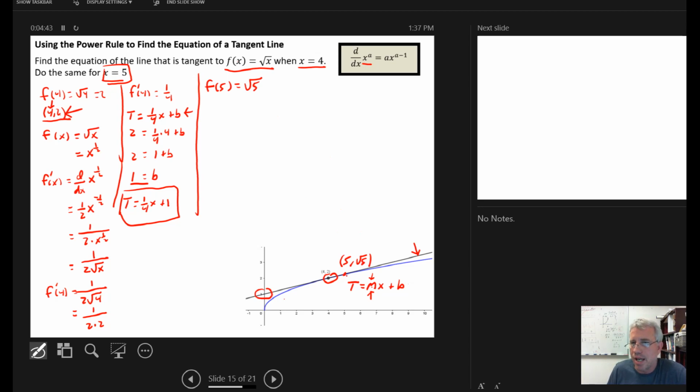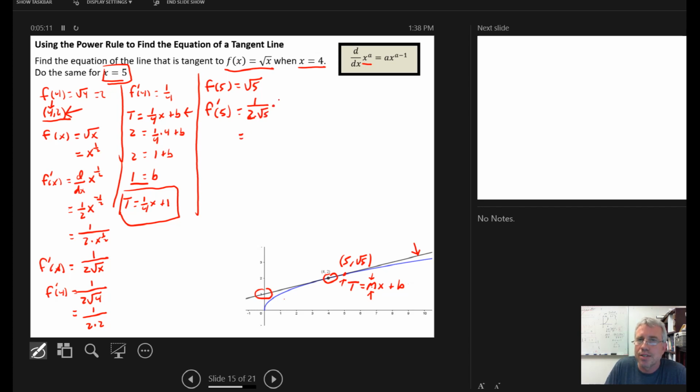The line that's tangent to the graph at this point will have a slope given by the derivative evaluated at 5. So f prime of 5 is equal to, the derivative right here was 1 over 2 times the square root of x. So it's 1 over 2 times the square root of 5.